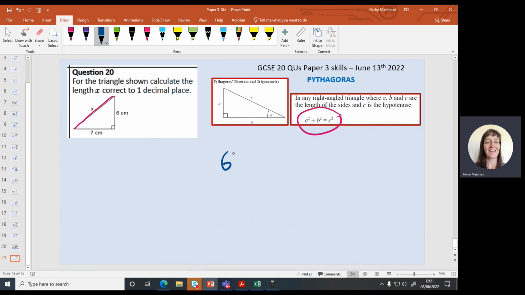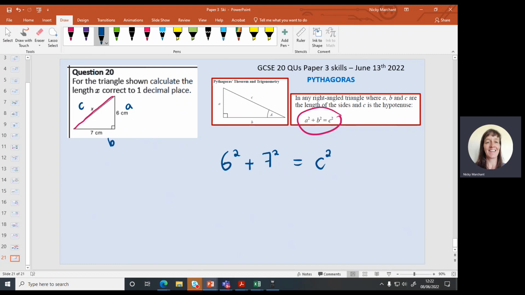So let's say 6 squared, so my A length and my B length, and C is always the longest side. Be careful, this triangle could also be flipped round. So the X, the hypotenuse or that diagonal line could look like it's underneath. Just be very careful. 6 squared plus 7 squared equals C squared.